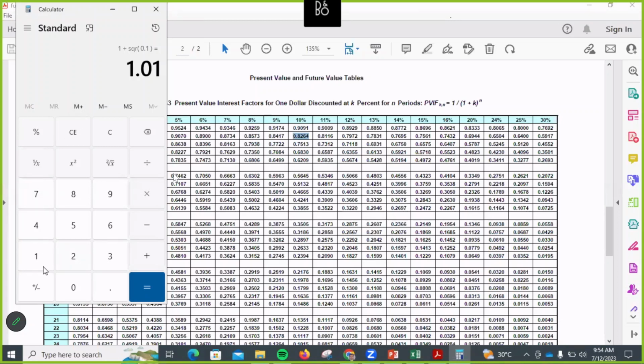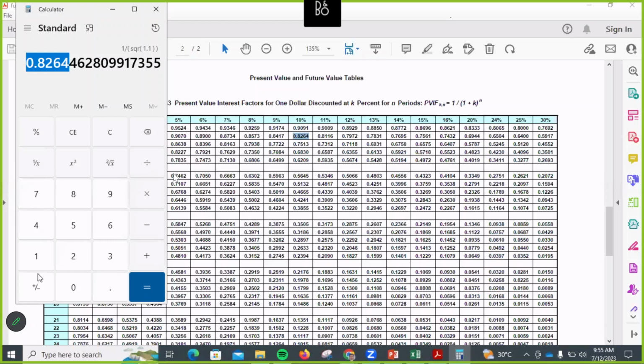So if you type 1.1 squared, then you can get this one. So 0.8264, you can have it.